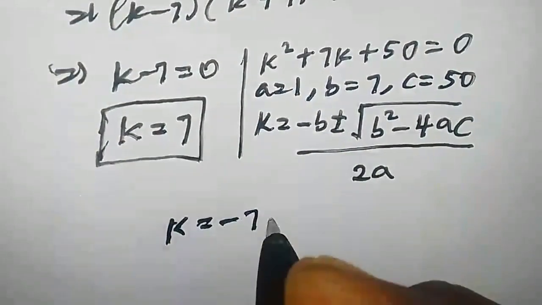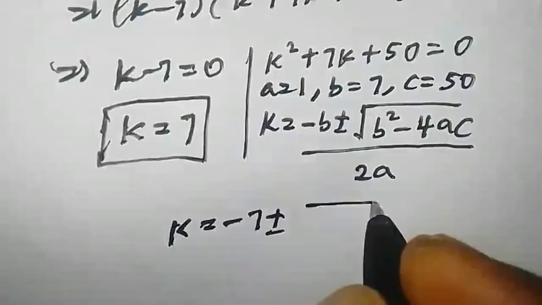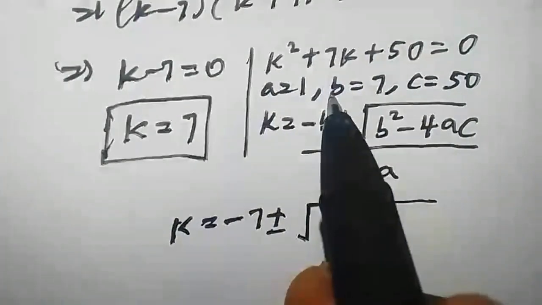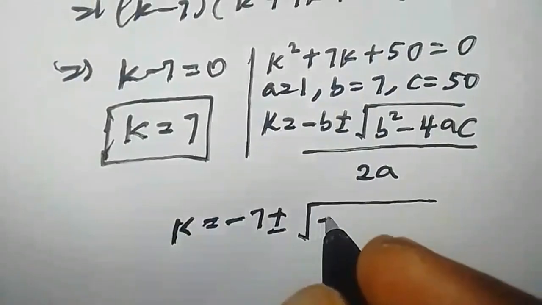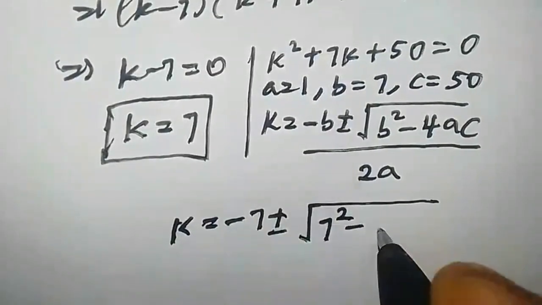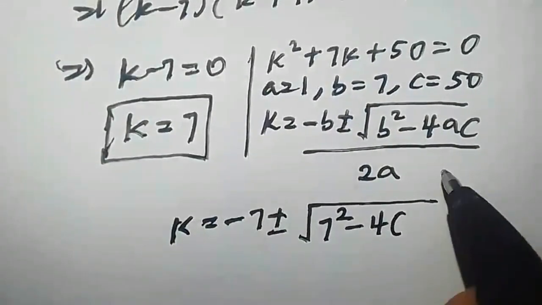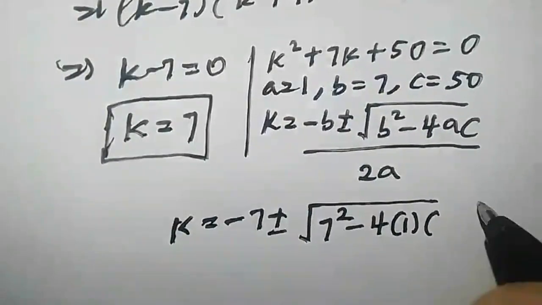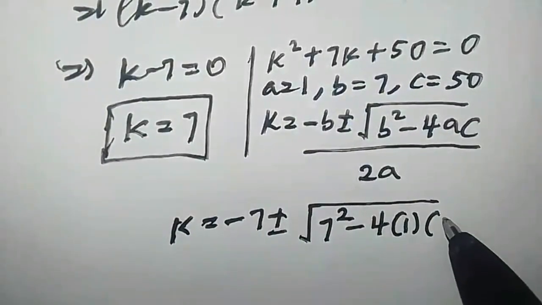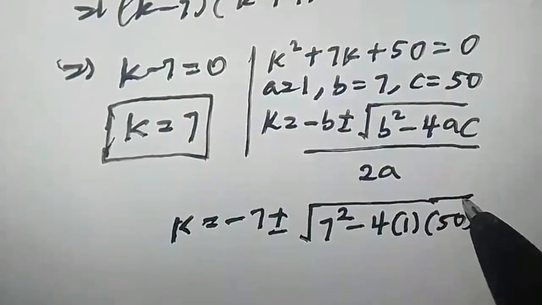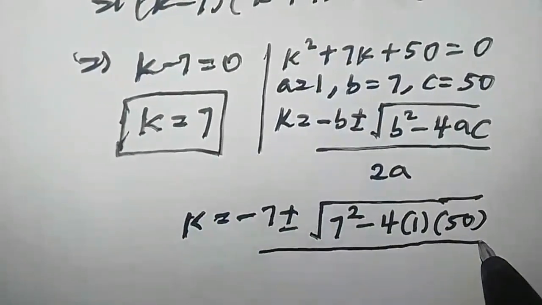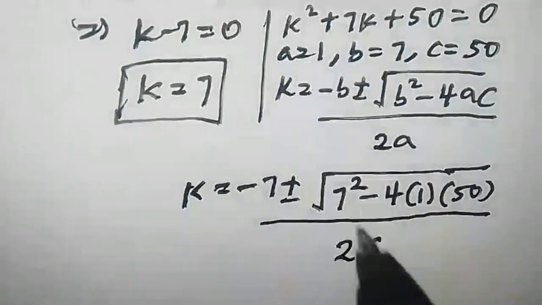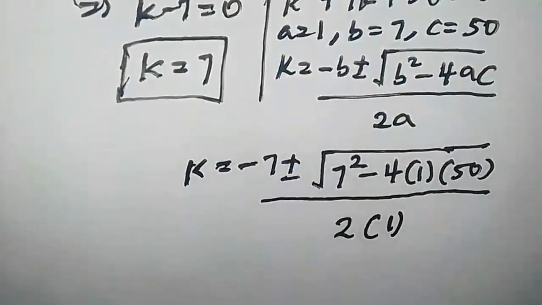B is 7, plus or minus the square root of B square. If you plug this value of B here, we have 7 square minus 4 into A, which is 1, into C, which is 50. Everything divided by 2 into A, which is 1.